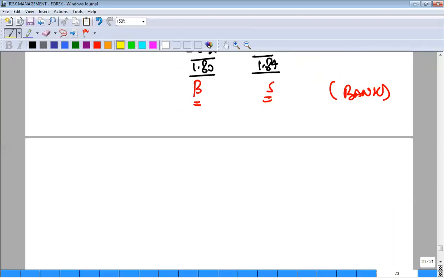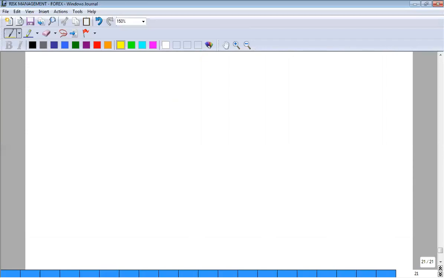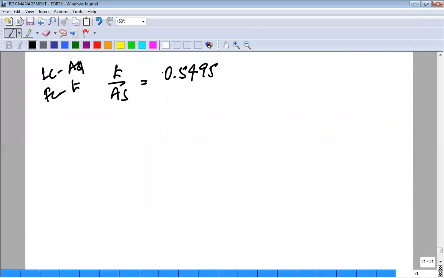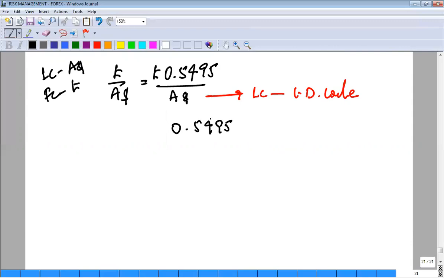Or the indirect quote. For example, if the rate is sterling over Australian dollar, local currency Australian dollar, foreign currency sterling, 0.5494 sterling per Australian dollar, that is local currency, indirect quote. And the examiner mentions 0.5495 plus minus 0.015.